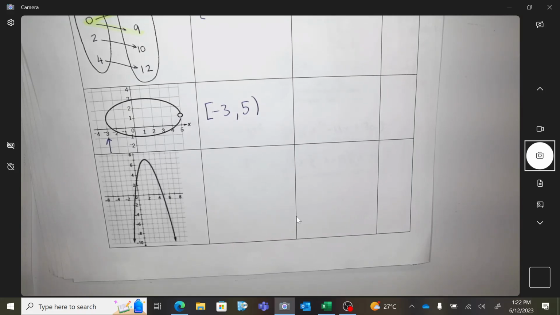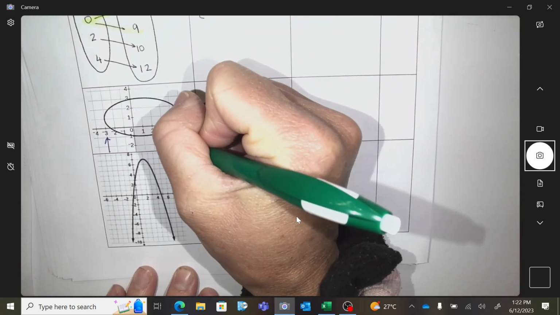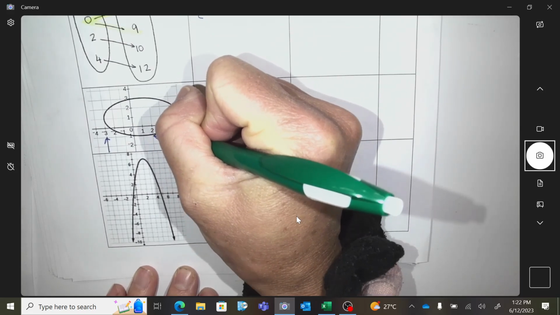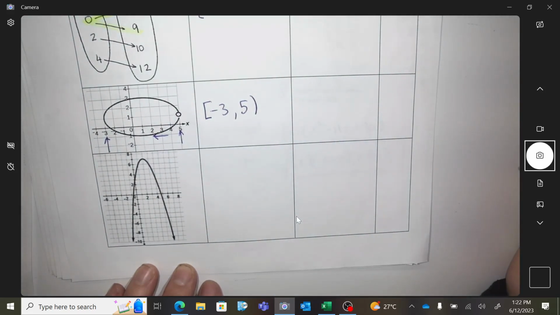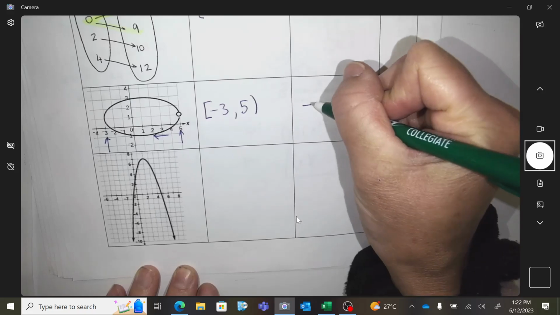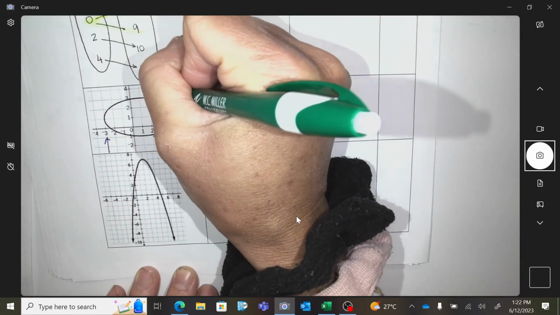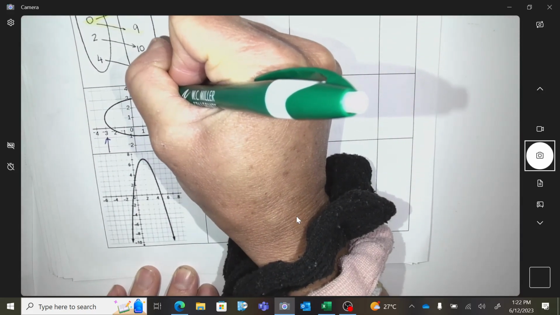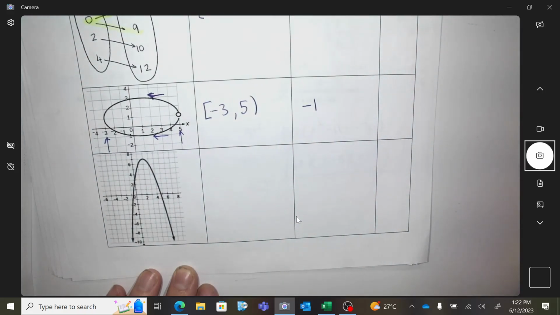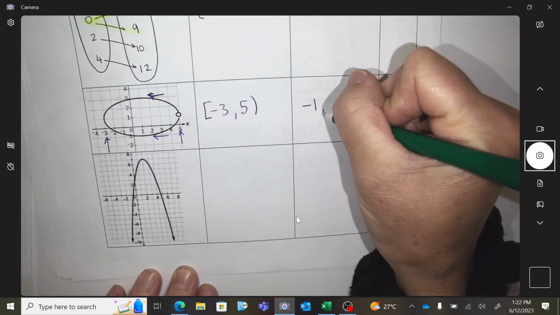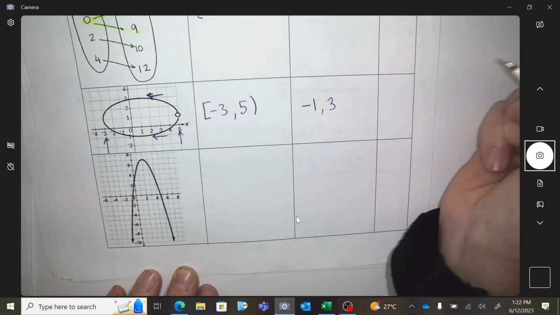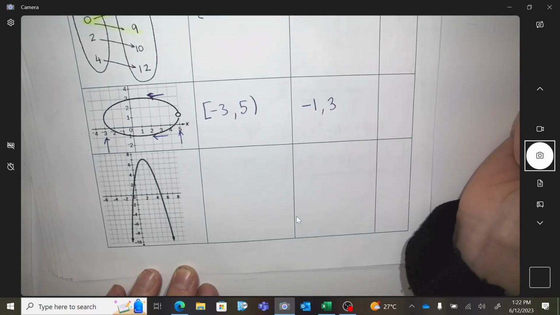And then what is the bottom height? So -1, comma, top height, 3. So then, what kind of brackets?